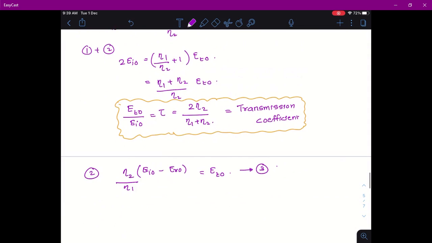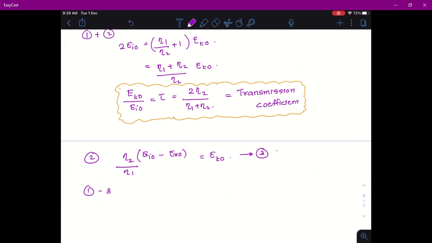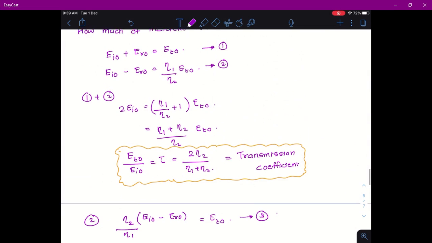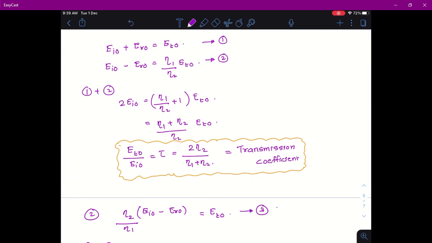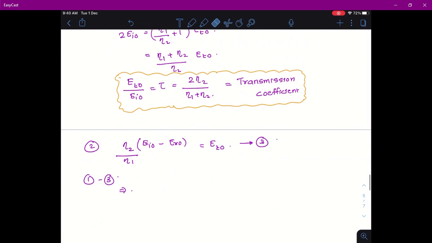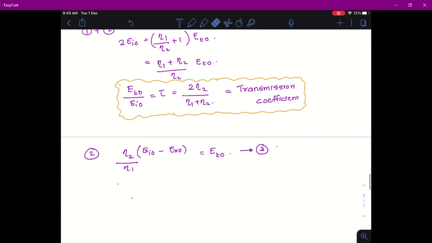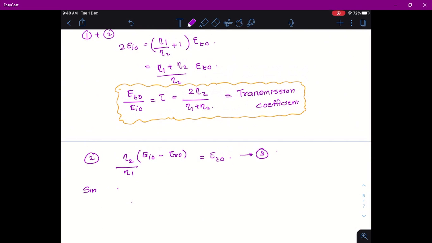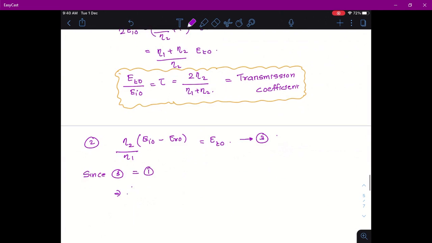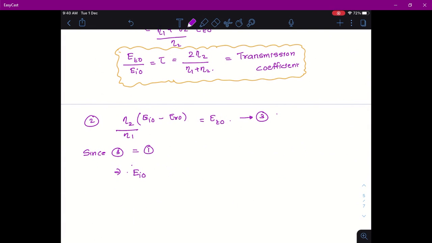Now let's subtract 1 and 3. Basically both are same equations. Okay, so we can just equate. Since 3 is equal to 1, you can write EI0 plus ER0 is equal to eta 2 by eta 1 into EI0 minus ER0.